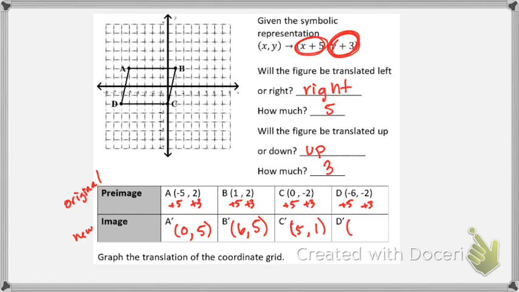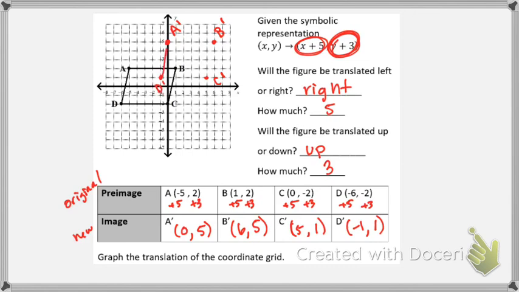Okay, and the last one, -6 plus 5, we get -1, and -2 plus 3, that is +1. So I'm going to put 0, 5 right here. This is my A prime. 6, 5. This is my B prime. 5, 1. This is my C prime. And -1, 1 is my D prime.